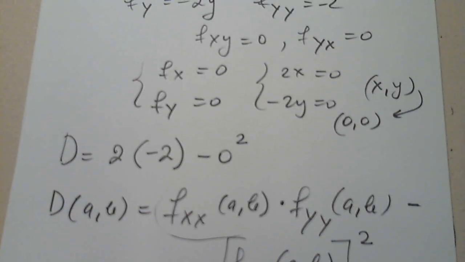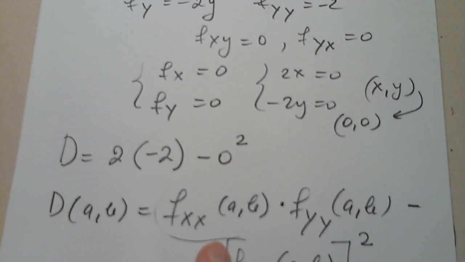If this number is negative or 0, there is no relative max or min. If this number is positive, then it depends on fxx. If fxx is positive, then it's a relative minimum.